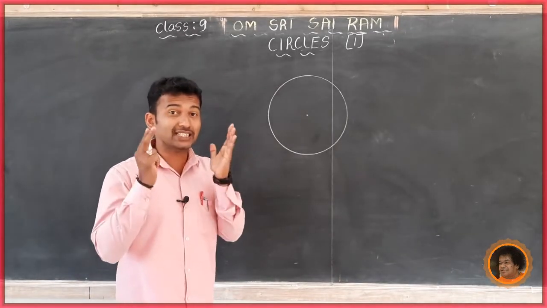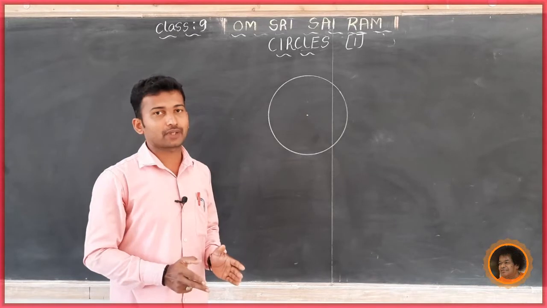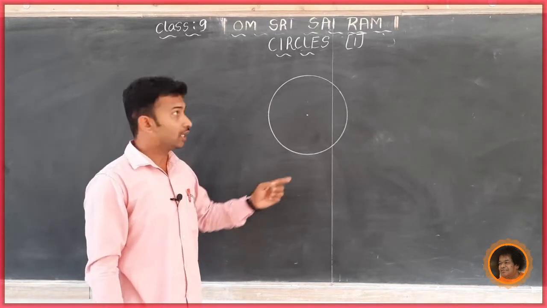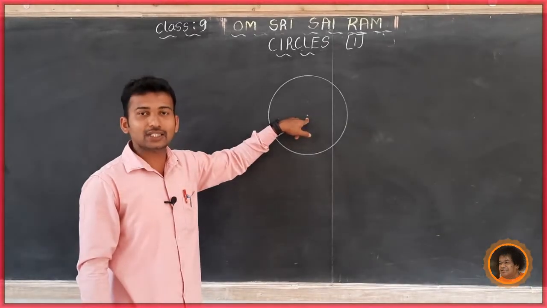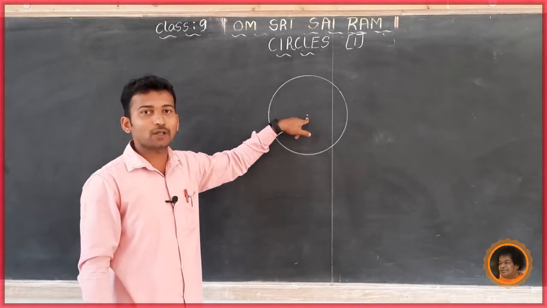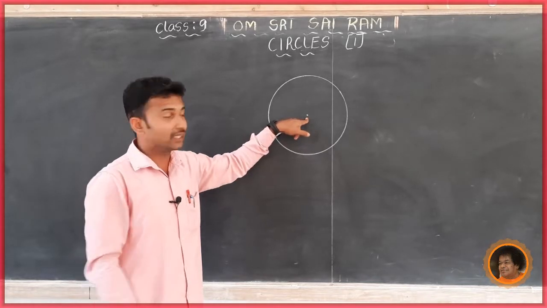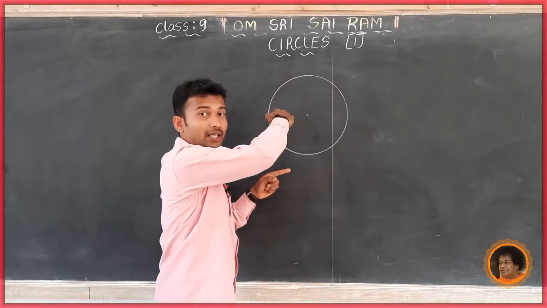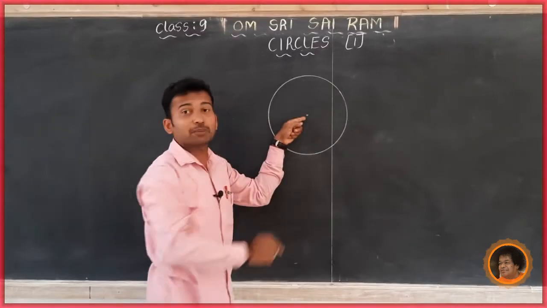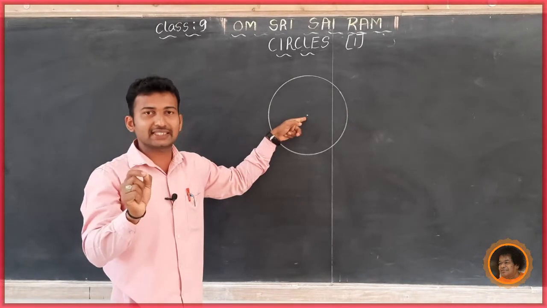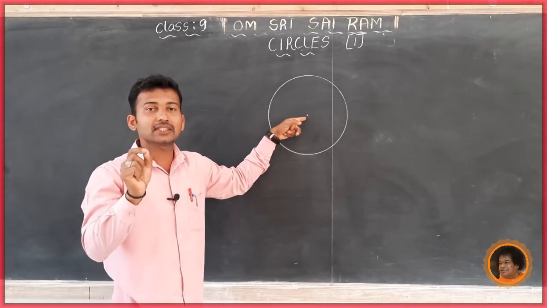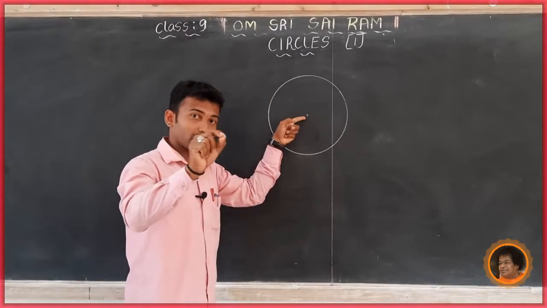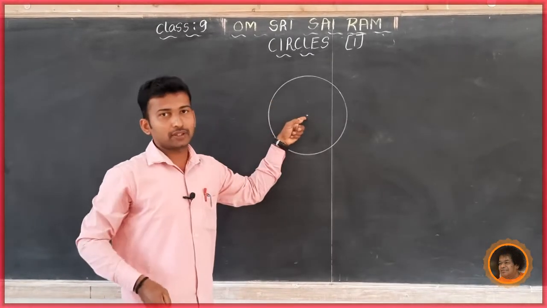What do you mean by fixed distance and fixed point? In this definition, the fixed point is called the center of the circle, and all these points are at a fixed distance, which means the distance of the points from the fixed point is the same.